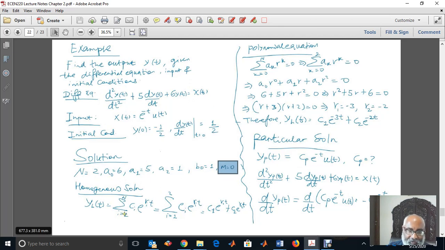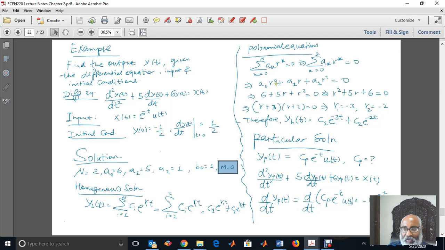Homogeneous, the general form is the summation from i equal to 1 to n of c_i e to the power of r_i t. So from 1 to 2, c1 e to the power of r1 t plus c2 e to the power of r2 t. This is provided r1 and r2 are different. If they are repeated, we need to modify the second part as we discussed before.